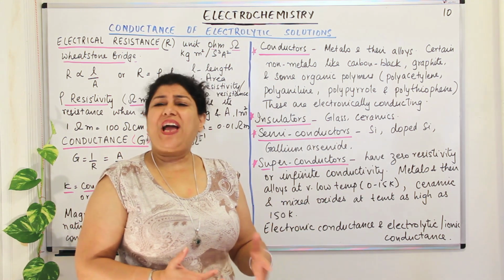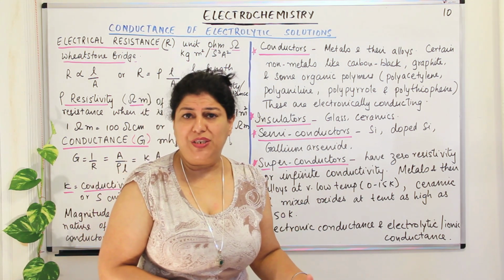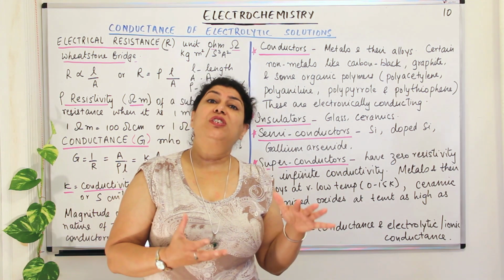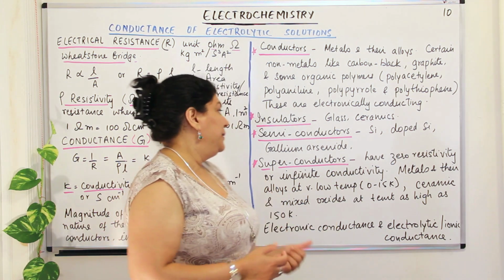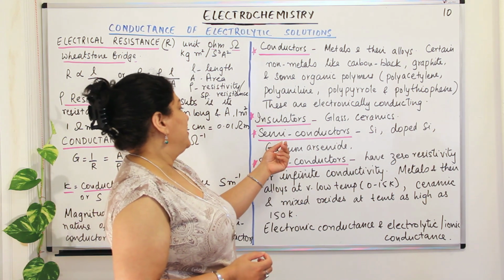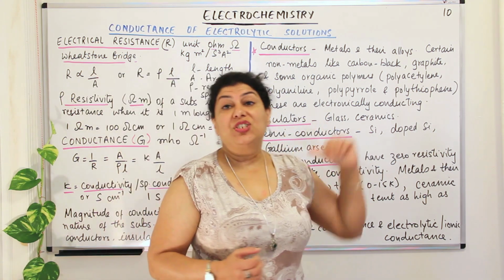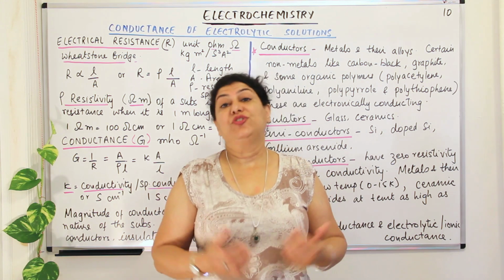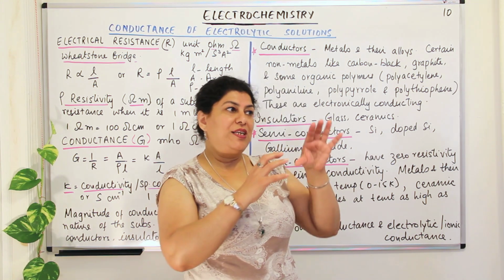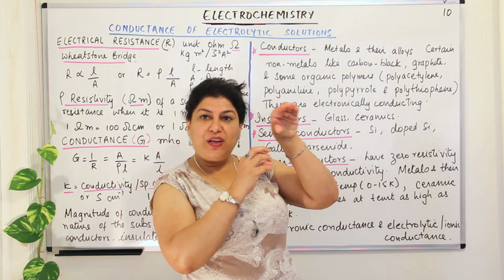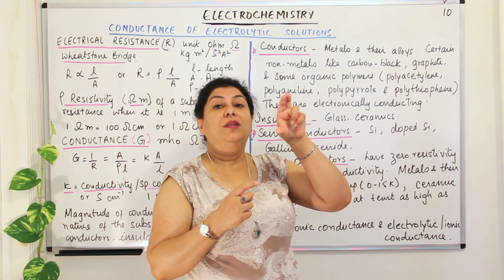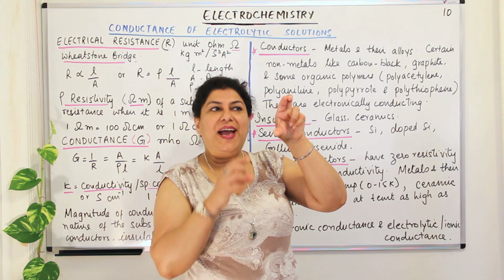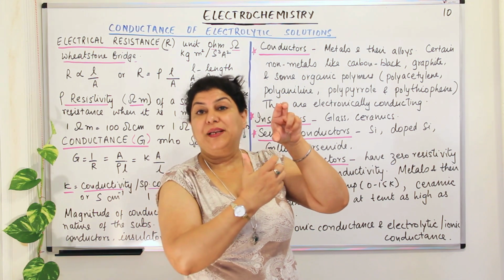Insulators are those which have very low conductivity, so low that it is almost negligible. We would say that they do not conduct electricity. For example, you have ceramics and glass, which act as insulators. You must have noticed that the sockets you have for electrical fuse wires are made of ceramic.